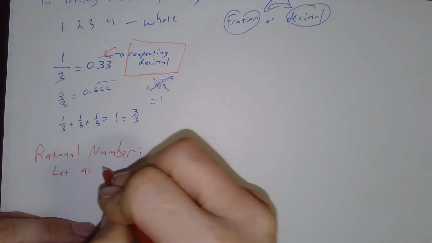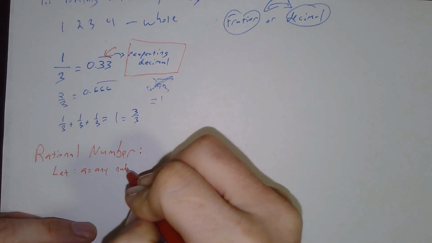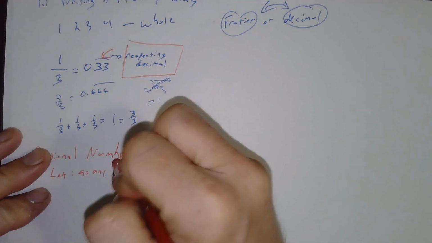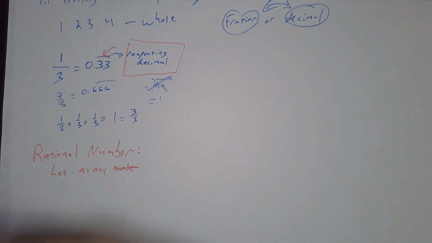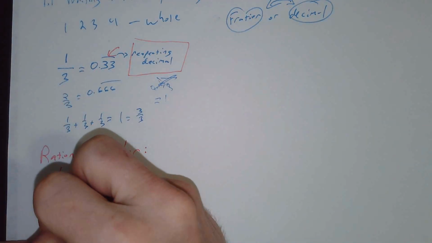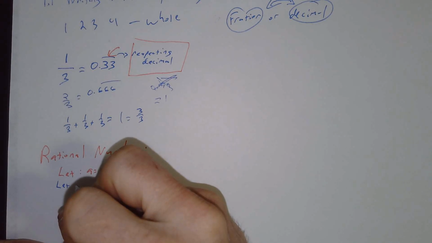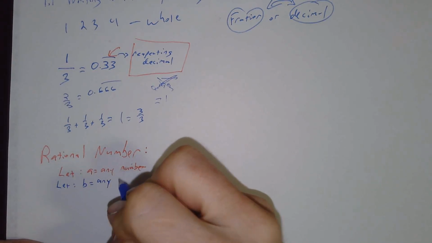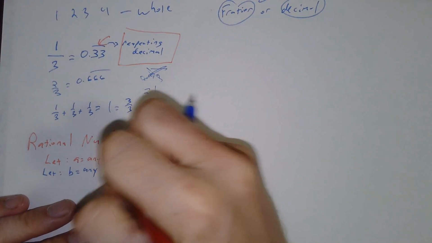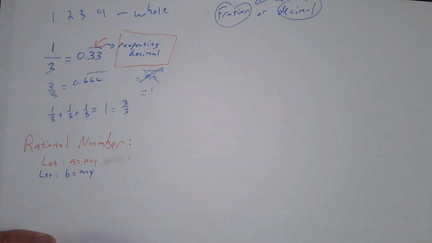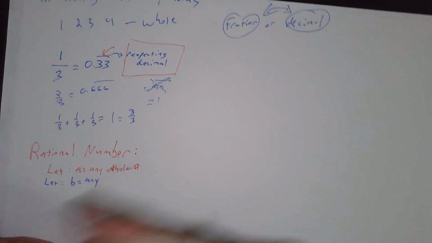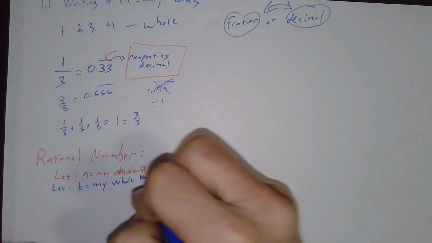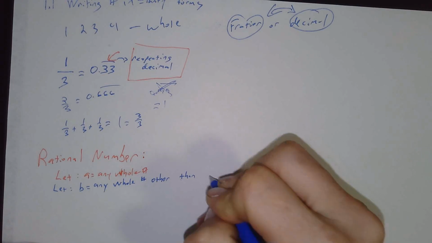We'll let A represent any whole number, and let B represent any whole number other than 0.